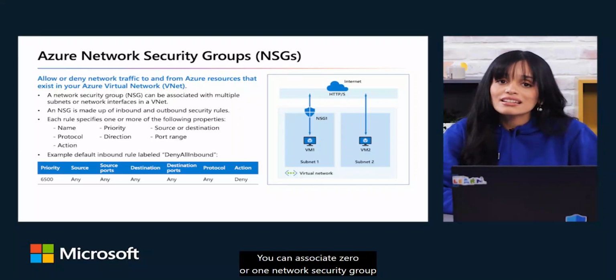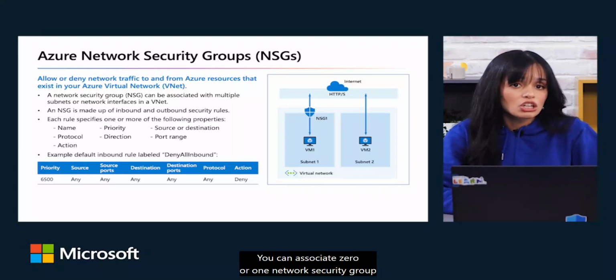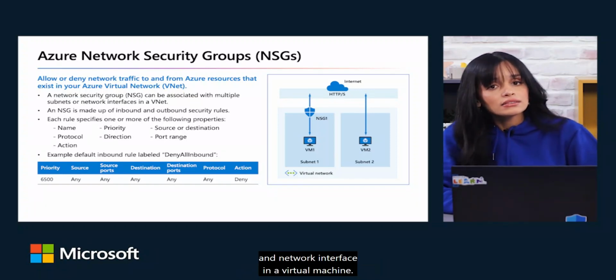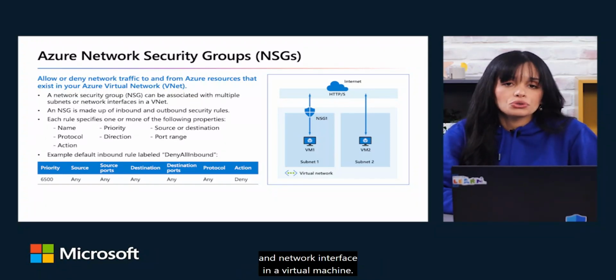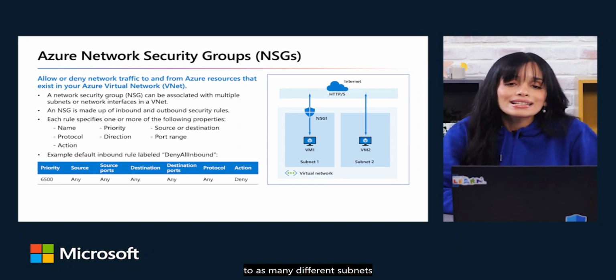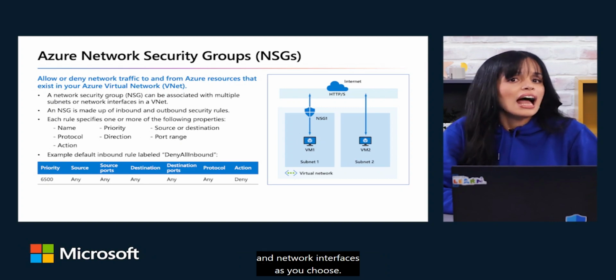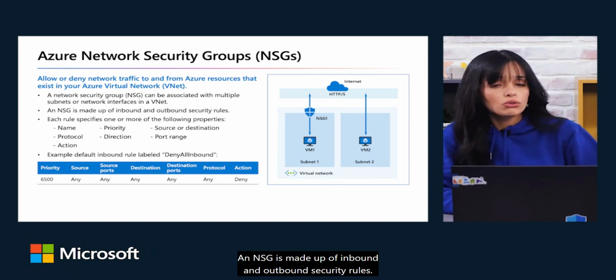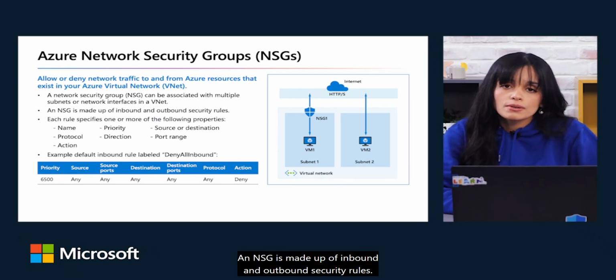You can associate 0 or 1 network security group to each virtual network, subnet, and network interface in a virtual machine. The same network security group, however, can be associated to as many different subnets and network interfaces as you choose. An NSG is made up of inbound and outbound security rules.